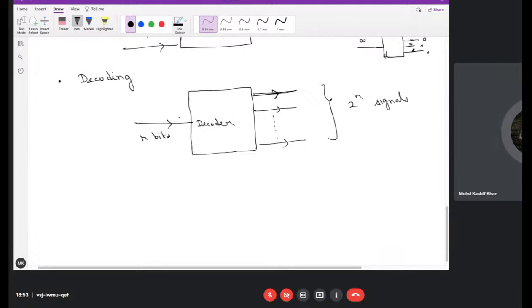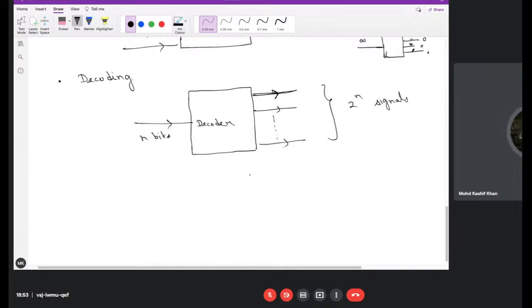Okay, just write the heading decoding, draw this diagram, and now write a line regarding the decoding.